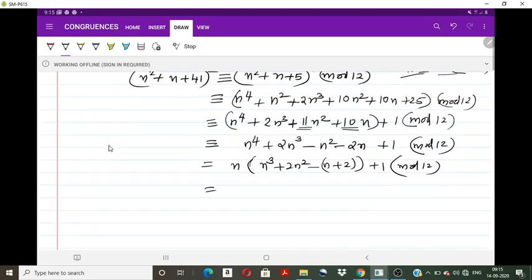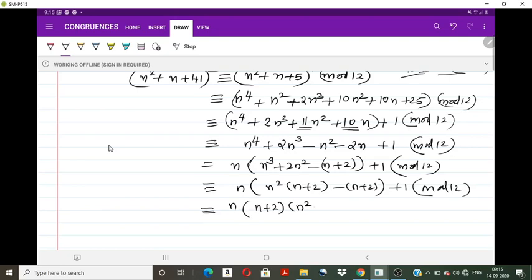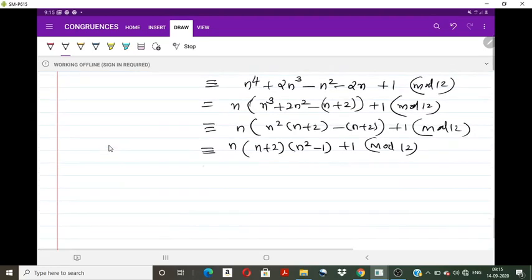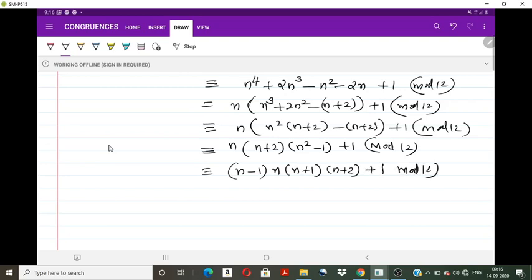Here n square is common: n square into n plus 2 minus of n plus 2, plus 1 modulo 12. So this is n into n plus 2 into n square minus 1, plus 1 modulo 12. We can write n square minus 1 as n minus 1 into n plus 1, so n minus 1 into n into n plus 1 into n plus 2, arranging in ascending order, plus 1 modulo 12.